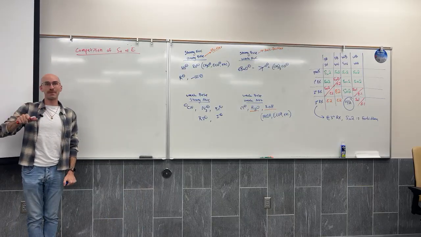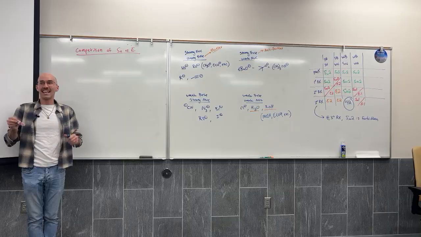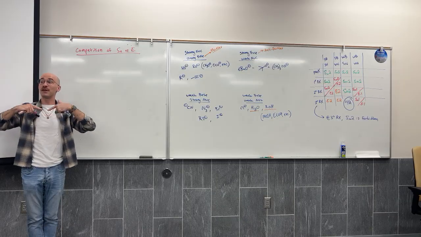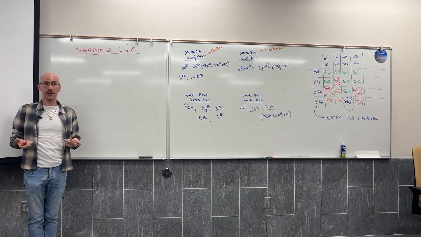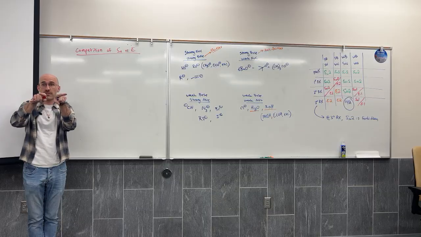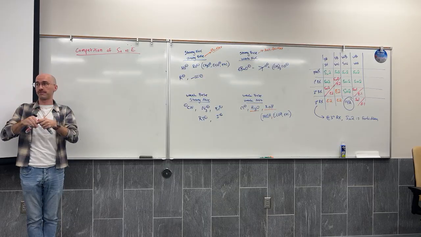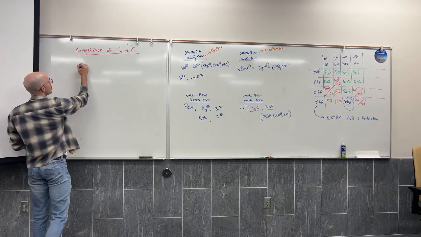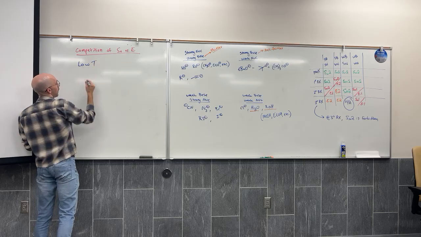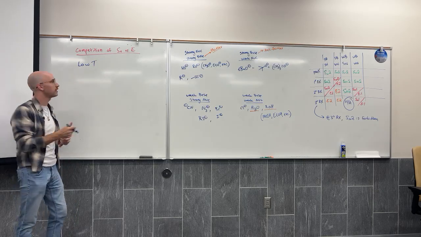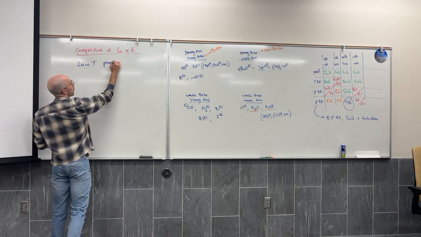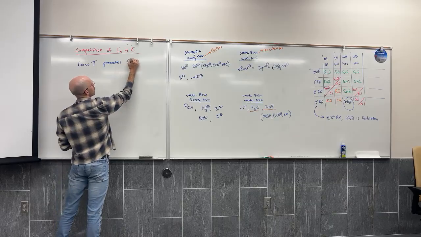if there is a competition, then you can typically use temperature to control which reaction is favored. So low temperature, and we'll typically write this as low T, promotes substitution.